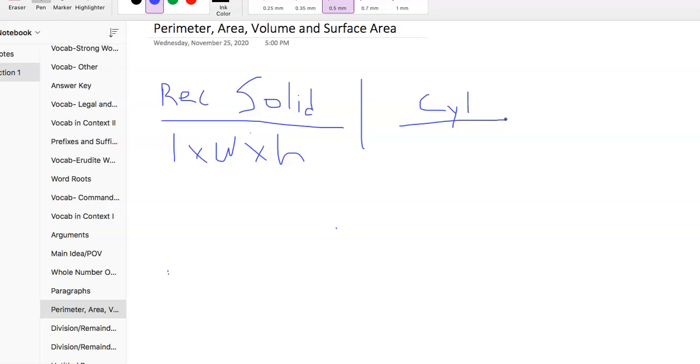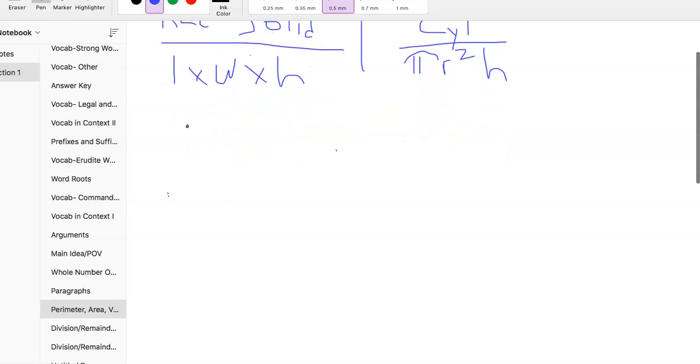For a cylinder, your formula is pi r squared h. It's important, they're not going to give you the formula, so you got to know it. That's just one you're going to have to commit to your mind. What they're going to do is something like: radius is 6, height is 8.